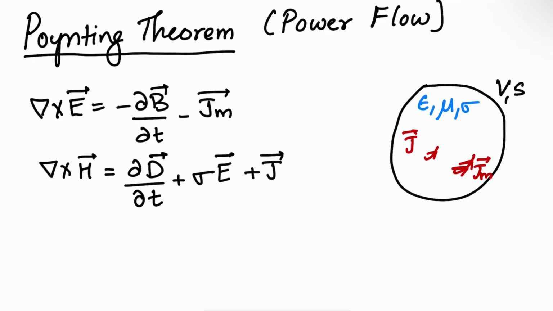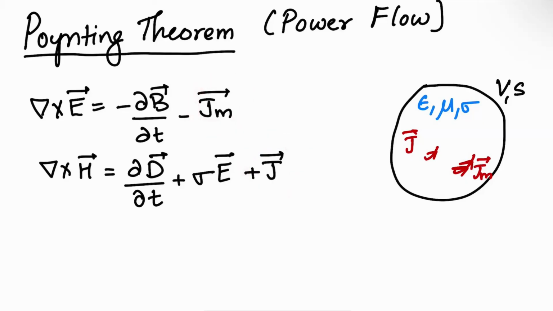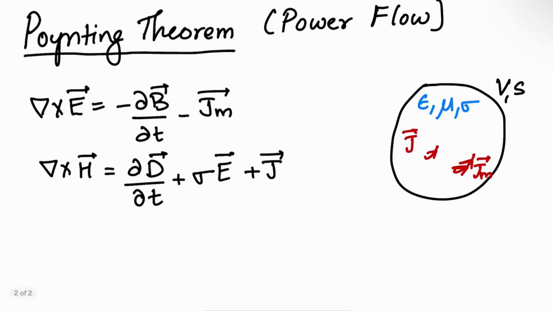I removed the component of J, which is the conduction current, because this is an induced current that is induced by the sources, in which case J and Jm are nothing but the impressed currents. Okay, so we can label this as Faraday's law, and this is modified Ampere's law.